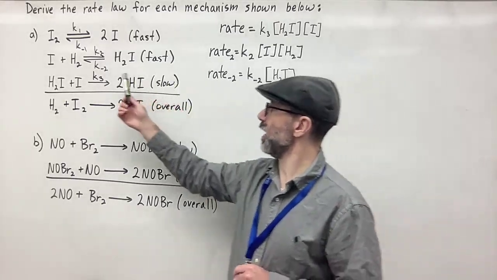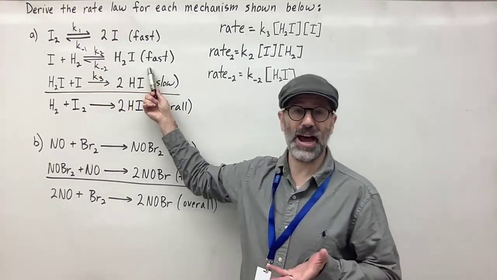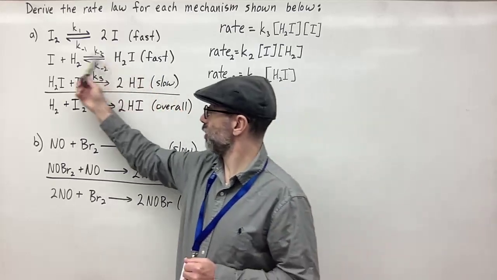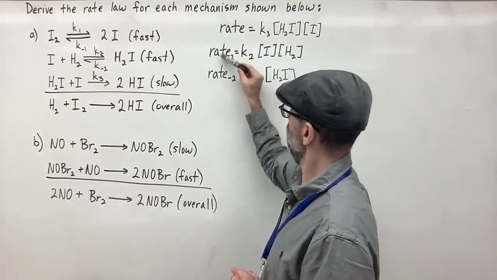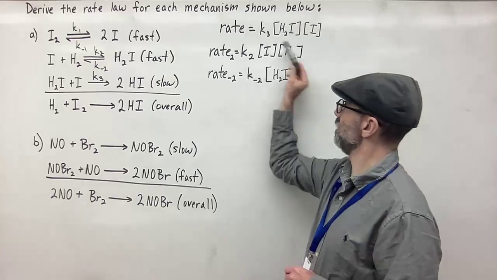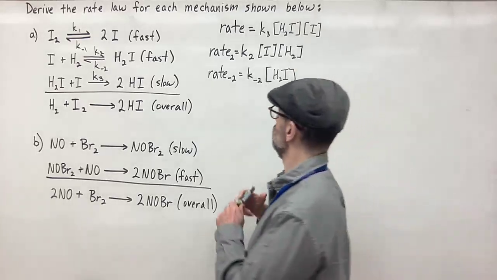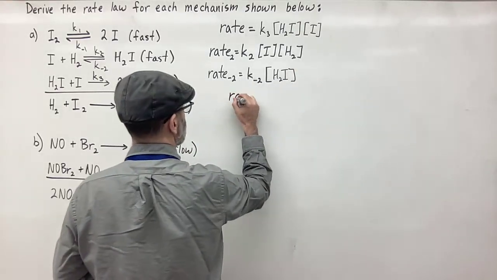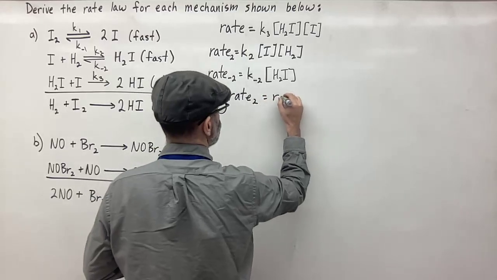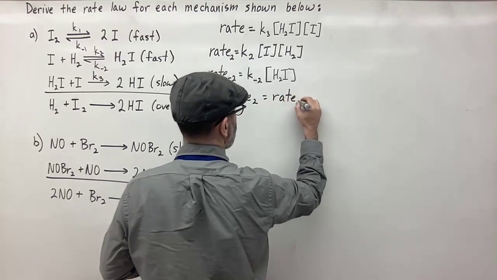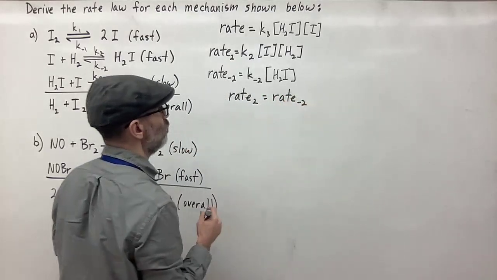And here's where the equilibrium comes in. Since we know that this is at equilibrium because it's fast, the rates are going to be equal to each other. So rate 2 is equal to the reverse rate, rate negative 2.